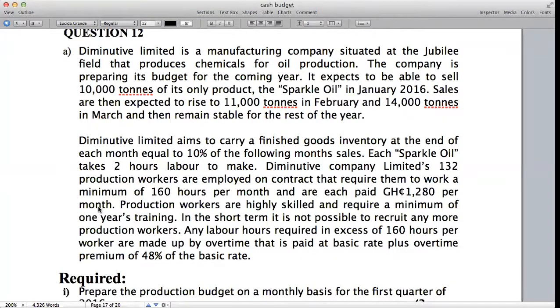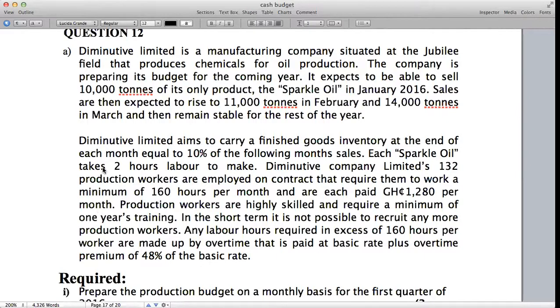No figure for December. So we don't need December. I brought it there for us to know the closing inventory of December so that we can move it forward to January.